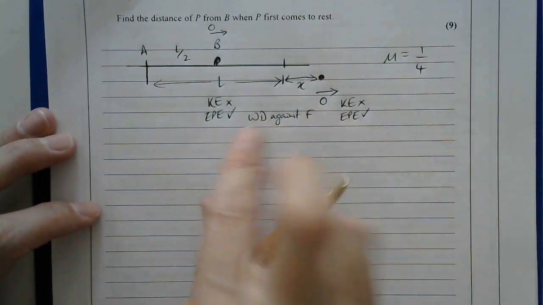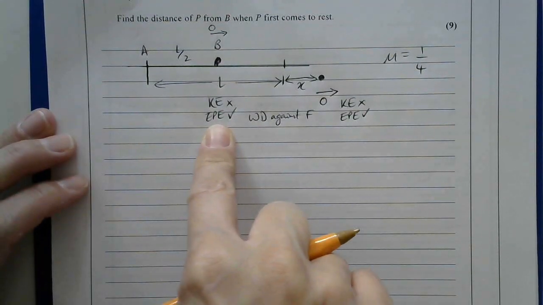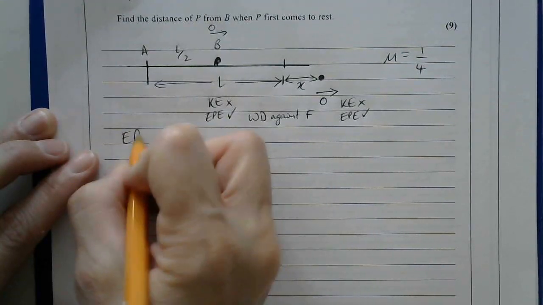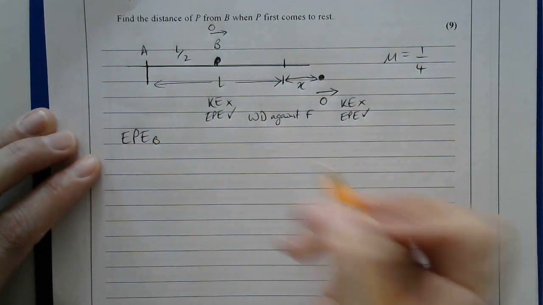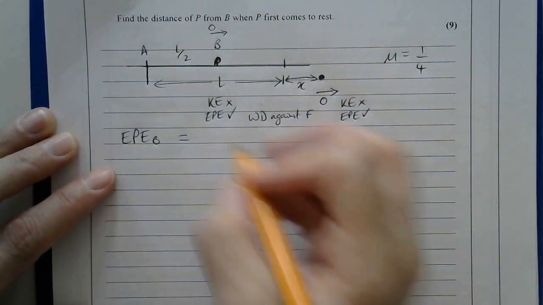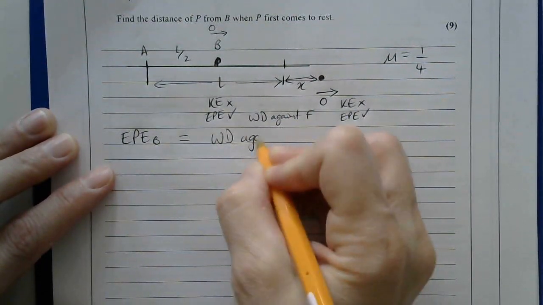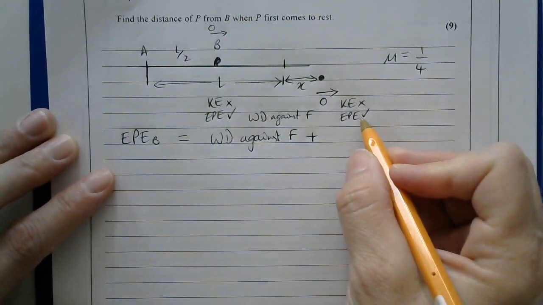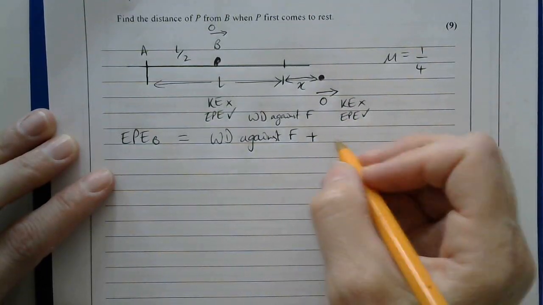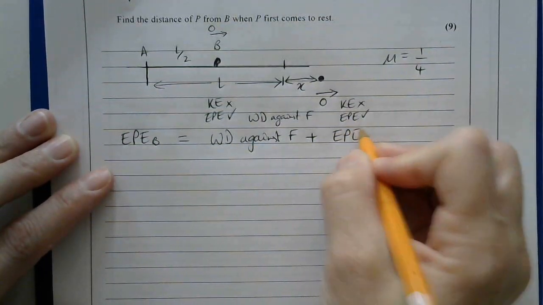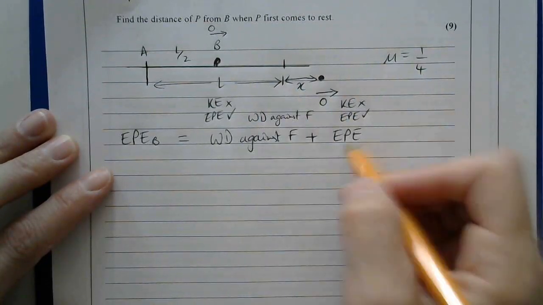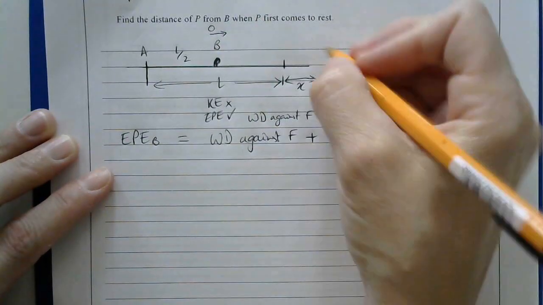So basically, the energy that goes into the system, which was the elastic potential energy in the beginning, so elastic potential energy at B, that went into overcoming friction, and a little bit of it was left at the end, and to make some more elastic potential energy at its final point. So I'll call this, I've got AB, let's call this point C.